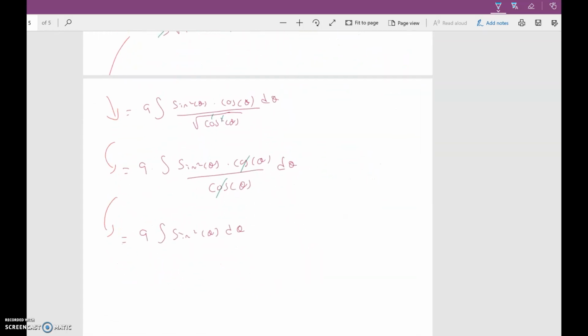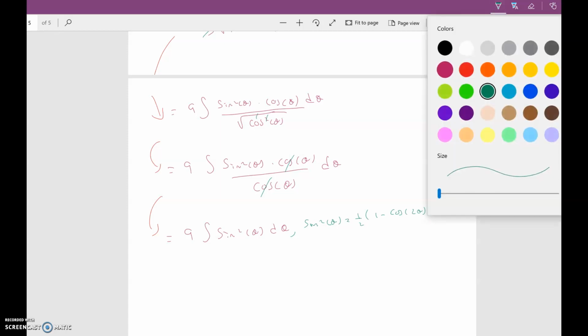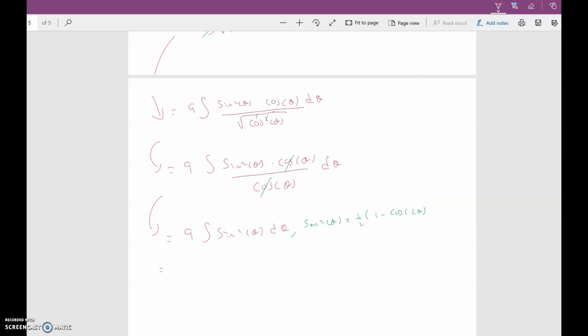So what I'm going to do here is use the identity. In this case, sine squared is equal to 1/2 times 1 minus cosine of 2 theta. We can now rewrite this as 9 integral of 1/2 times 1 minus cosine of 2 theta d theta.